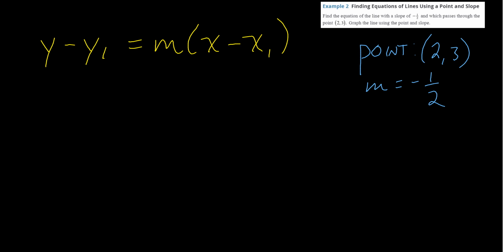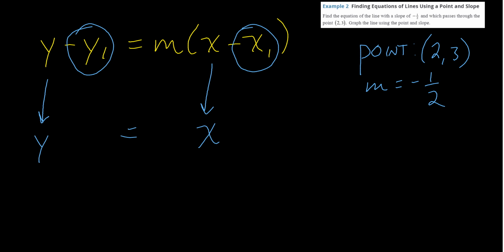This y is going to come down because it is just a y. This x is going to come down because it is just an x. What I have to fill in now is the y1, x1, and the m. That's it. So it becomes y minus y1. What is the y value here? It's 3. So it's going to be y minus 3. And then my slope is negative 1/2.